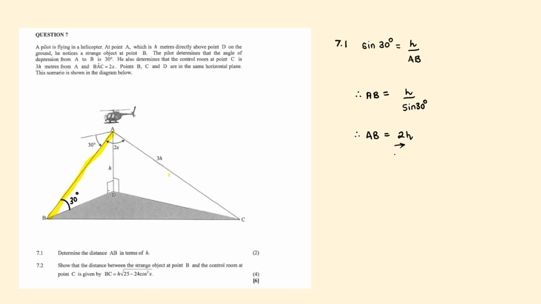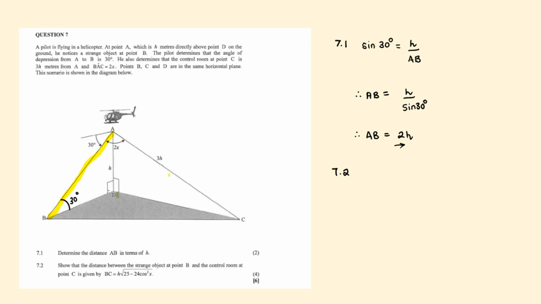Okay, the second question asks you to determine the distance between the strange object at B and the control center at C, which is given by the specific equation that they give you. Right, so if we look at BC, okay, we see that it forms part of triangle BDC. However, triangle BDC doesn't have enough information for us to actually work with.